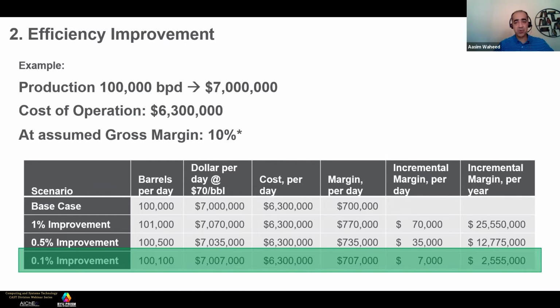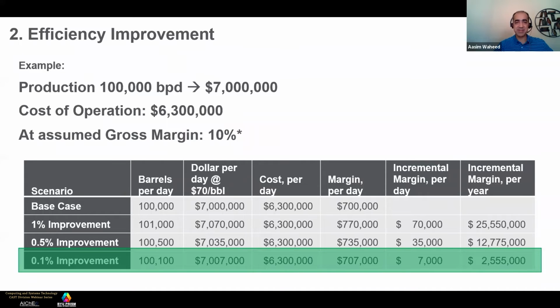So the reason I said this was a potential opportunity, both of these, is that even though, like I said, shutdown is a no-no and efficiency is difficult to achieve, a 1% efficiency improvement is a big deal. Right now, many of these facilities are running so efficiently that getting a 0.1% improved efficiency from the whole facility is a big deal.